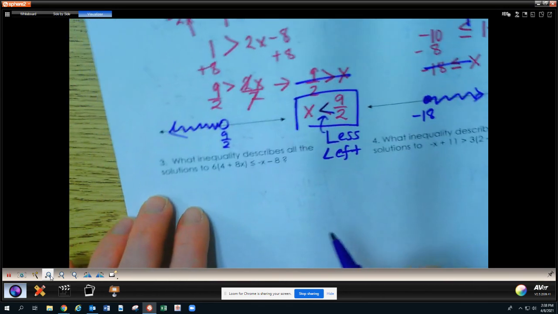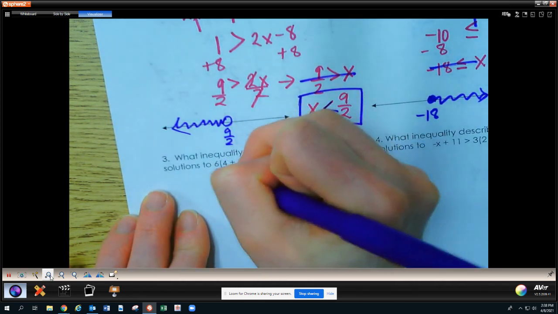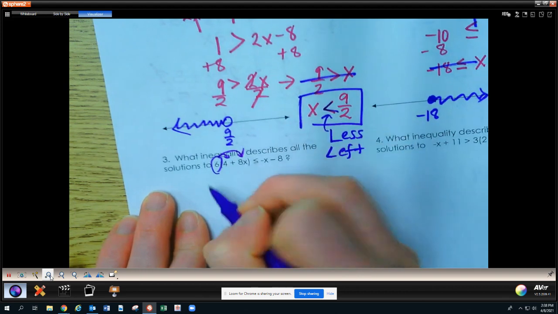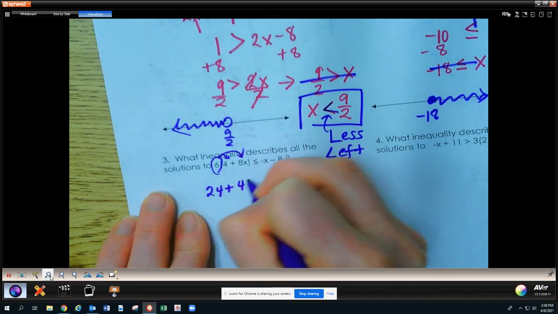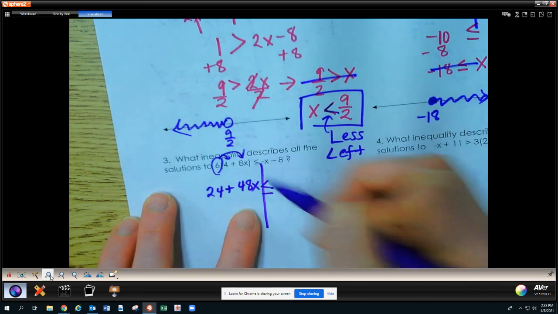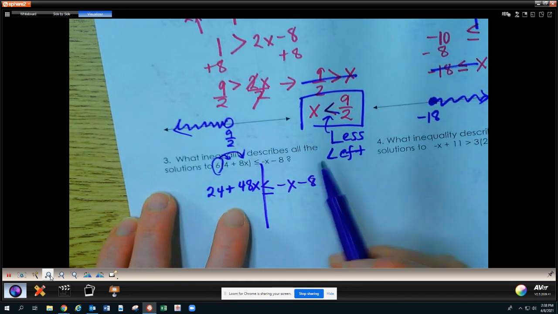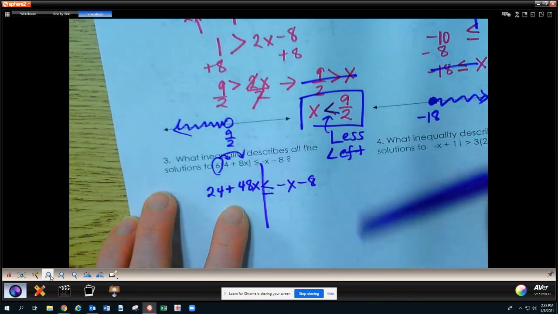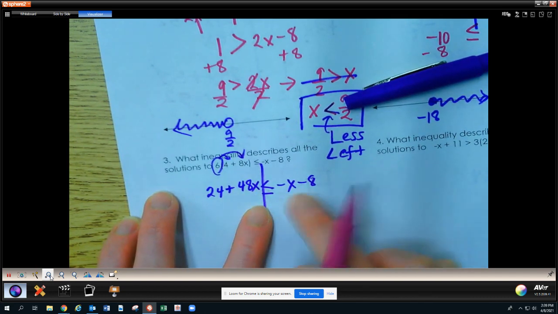Okay, question 3. We've got some parentheses, so we're going to distribute the 6. 6 times 8 is 48. Don't lose your x. Alligator, -x minus 8. Okay. So we've got a constant and an x and a constant. It's balanced.